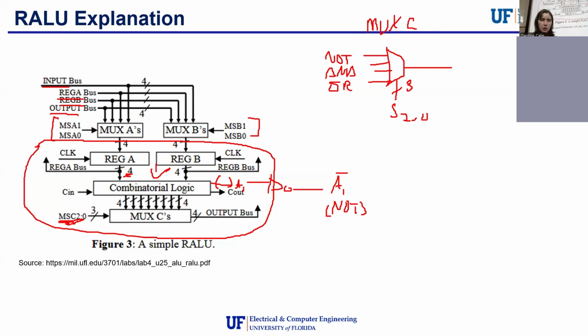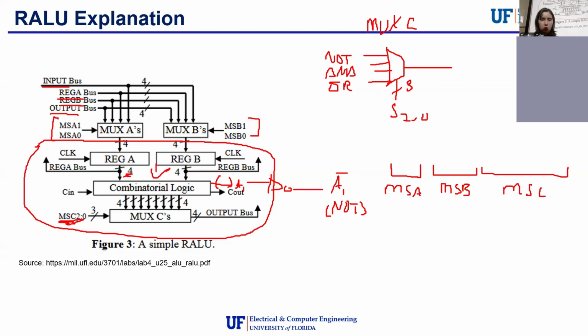And so that's where I get into the idea of a control word. A control word is a collection of zeros and ones. We might write them in this sequence. They're being put into different locations in this RALU. But what you're going to see with your datapath is you're going to represent this as a sequence of bits.